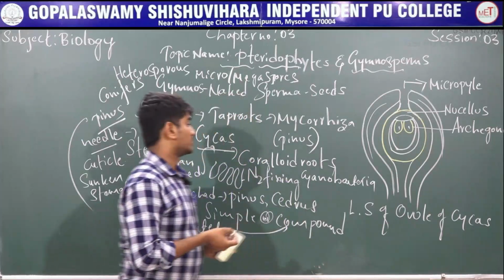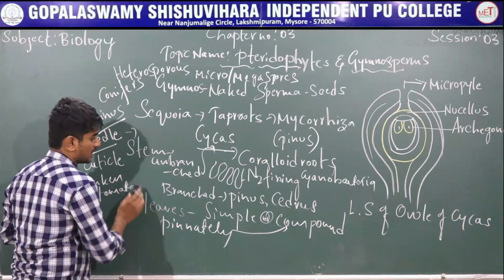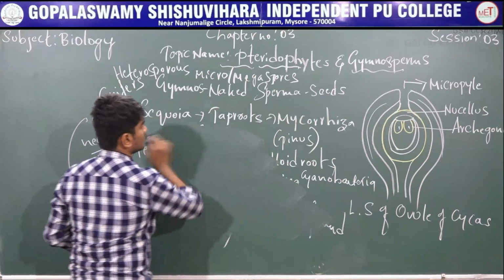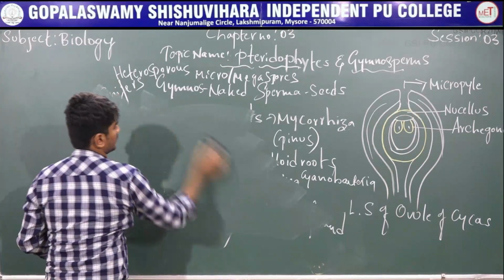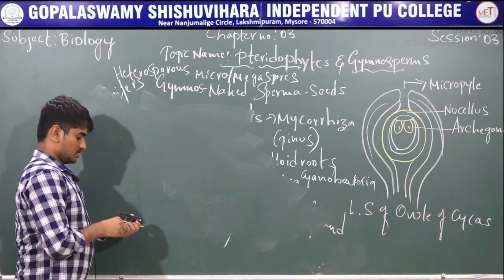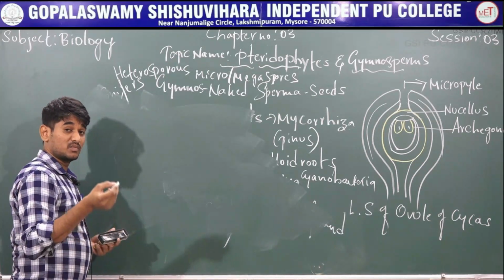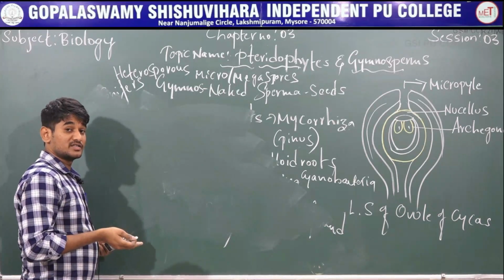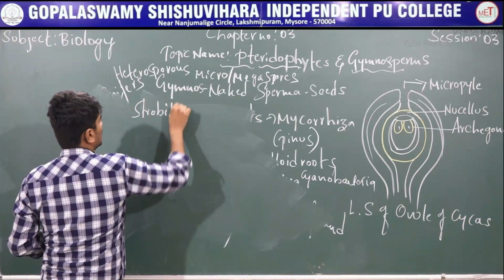Okay, for example, if the cone or strobili produces two different kinds of spores within the sporangia that are born on the sporophyll, which are spirally arranged to form strobili or cone.